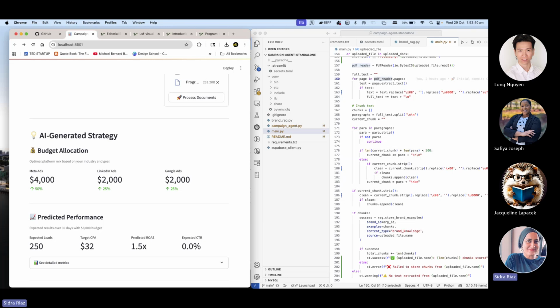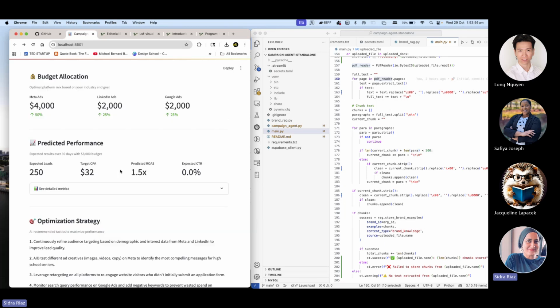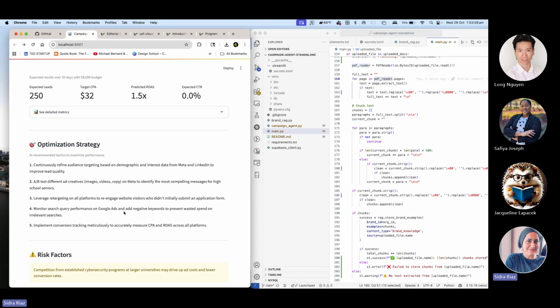And these optimization tactics target high school students interested in STEM, emphasize job placement rates, and partner with local high schools. These are the things that I'm expecting to have in my optimization strategy.